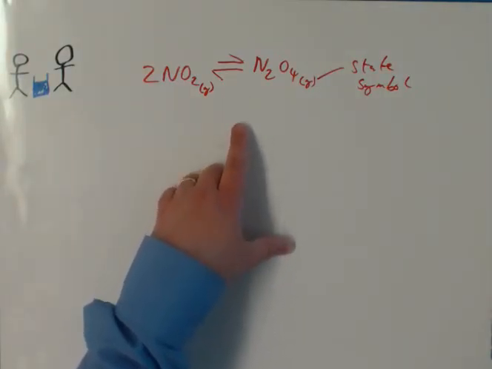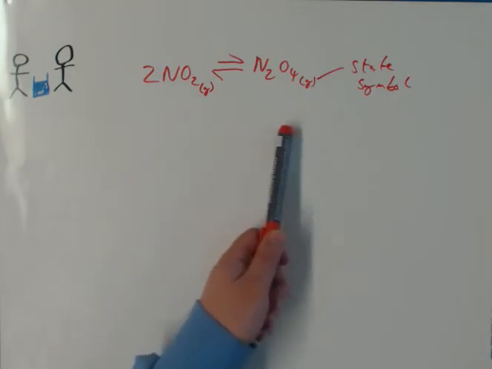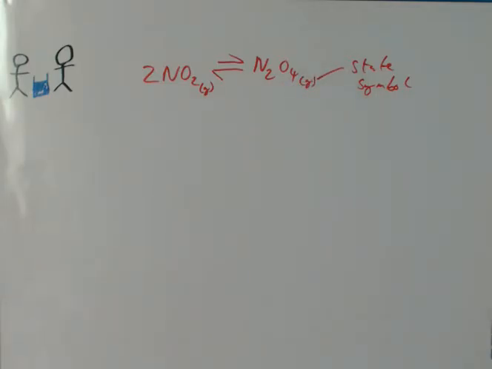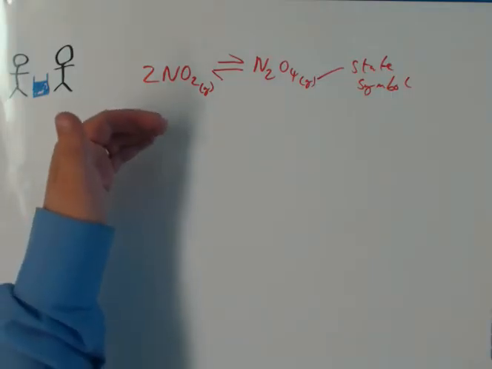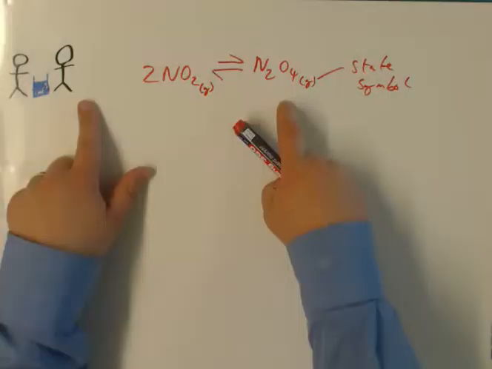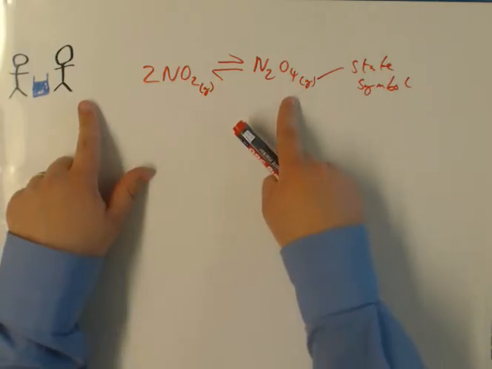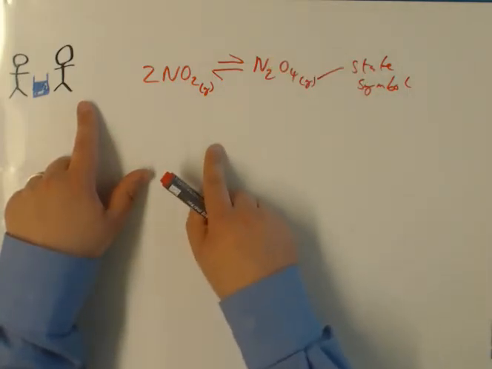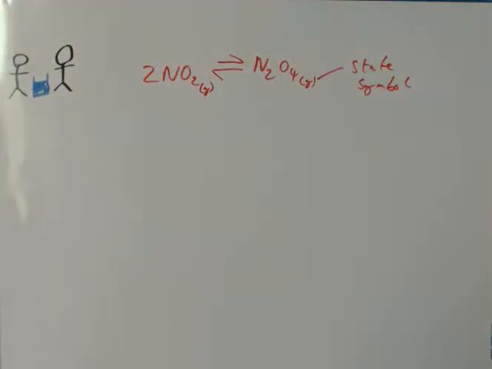What it means for the reaction is, if we add more in here, we're going to push towards this side. So we'll make more of this one. This side gets higher as well to balance it out. If we double the amount here, we'll double the amount there to balance it. Or if nitrogen tetroxide goes away, it'll pull more across, basically. We take some away, this will react to make more, getting it back to equilibrium, getting it back to being balanced.